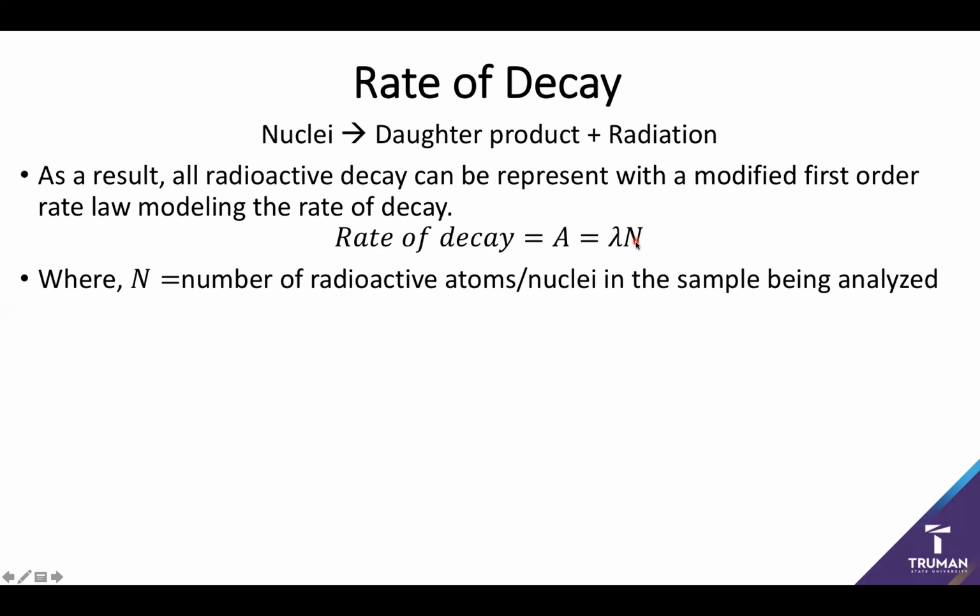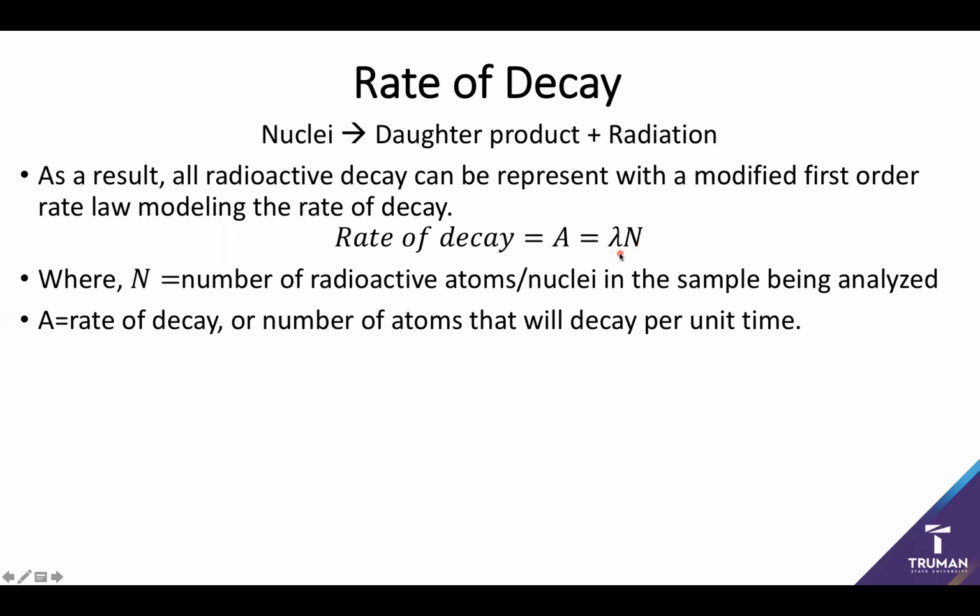So again, big note here is instead of looking at concentration of a radioactive element, we're going to simply be looking at their number. So this is often used as a count of the number of radioactive atoms, though it can also be used to treat a mass. Then, again, we have our rate of decay. So this will be the number of atoms or mass that will decay per unit time.